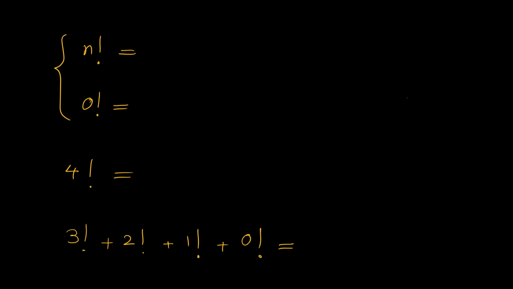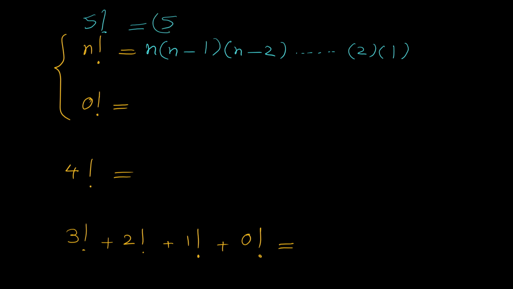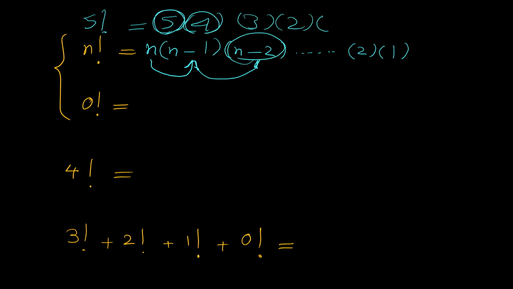Let's see the general definition of n factorial. N factorial, based on the definition that we learned, is n times n minus 1 times n minus 2, and we continue this up to when we get to 1. For example, when we have 5 factorial, we start from 5, then we multiply 5 by 4, so n times n minus 1, 5 times 4, then 3, then 2 and 1.